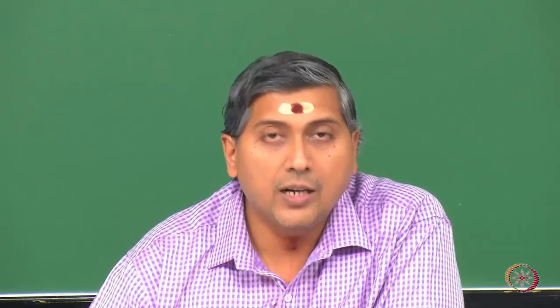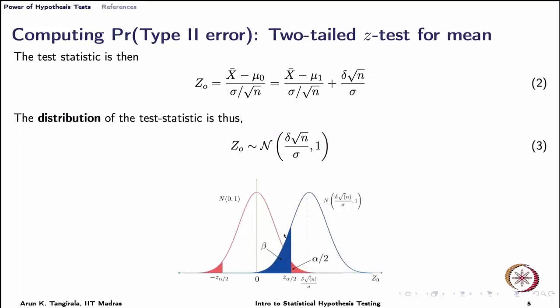The figure here, which has a graphical representation of what we just discussed, tells us the same thing. The red line corresponds to what we assume based on the postulated value, and the blue line corresponds to the reality, that is, in reality Z observed follows the distribution shown in blue. But when we conduct the hypothesis test, we assume that Z observed follows the distribution shown in red.